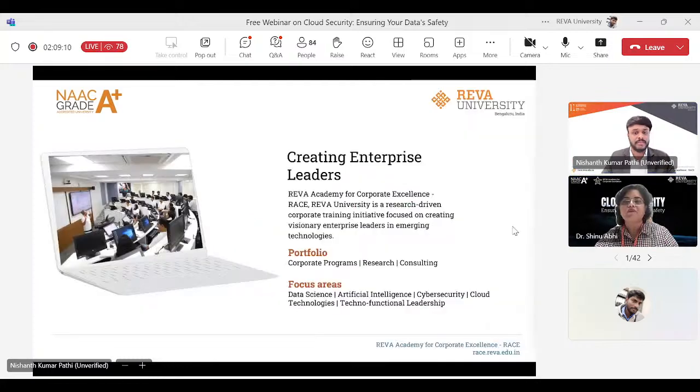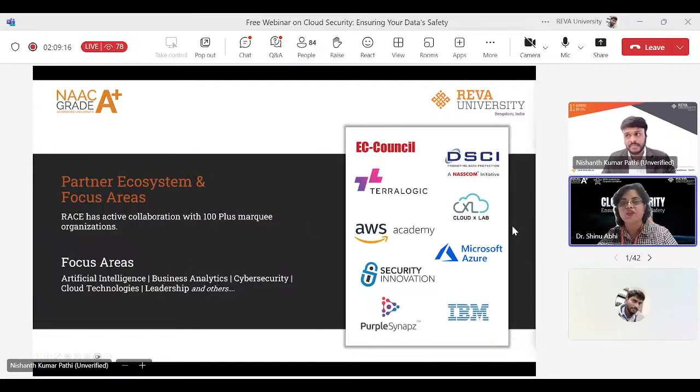So we have a division called Reva Academy for Corporate Excellence, where we focus on building careers in these emerging technologies. We are in AI, business analytics, cybersecurity, cloud technologies. And how do we run these programs? We not only do certain long-term master's programs, but very customized niche programs as well for working professionals and organizations.